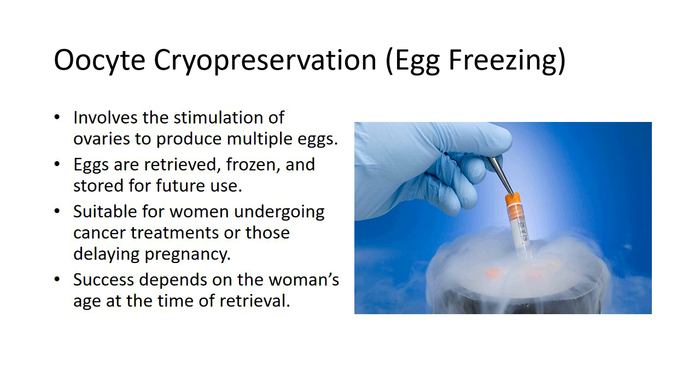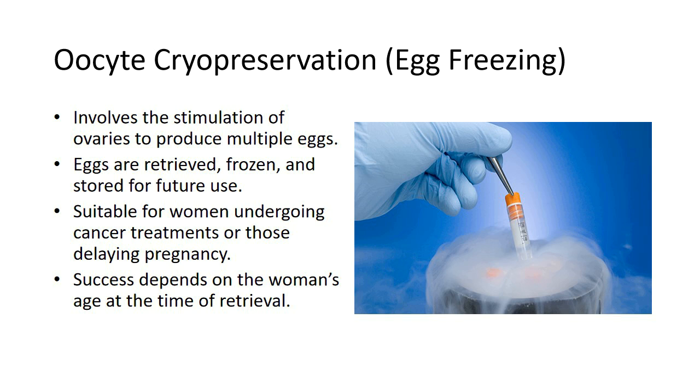Indications for oocyte cryopreservation: cancer patients, women undergoing chemotherapy or radiation therapy that could affect ovarian function. Age-related infertility, women who wish to delay childbearing until they are older but want to preserve eggs while they are still of higher quality.